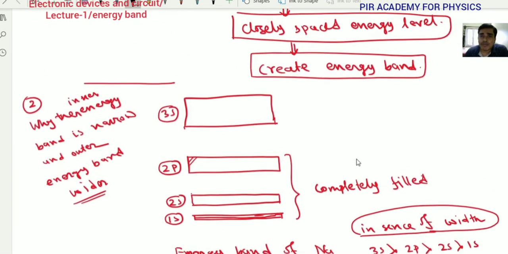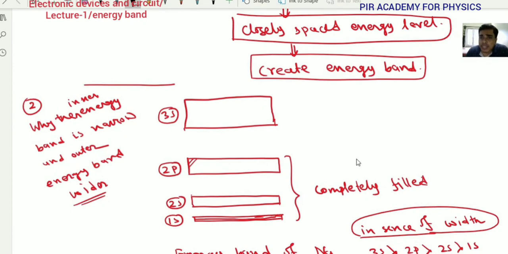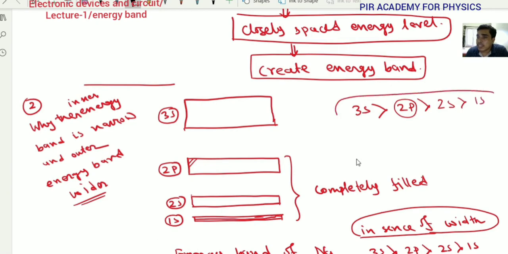That means here for sodium, the interaction of the 3s energy level is stronger than the interaction of the 2p energy level, and the interaction of the 2p energy level is stronger than 2s.